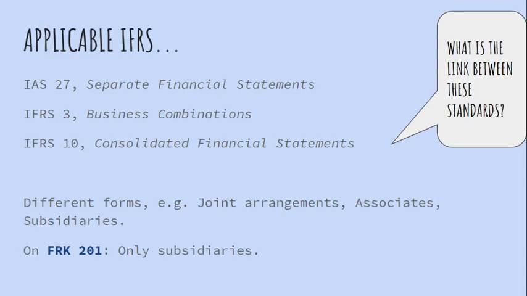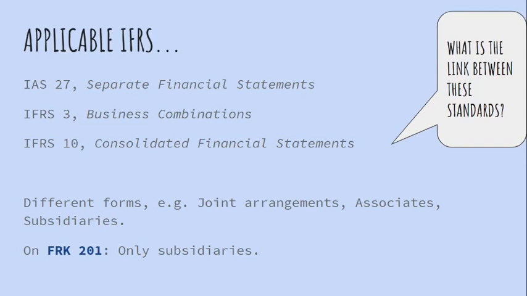The separate financial statements is the starting point when we consolidate, but it's two separate sets of complete financial statements. So IAS 27 would not have any prescribed accounting treatment for purposes of the consolidated financial statements.